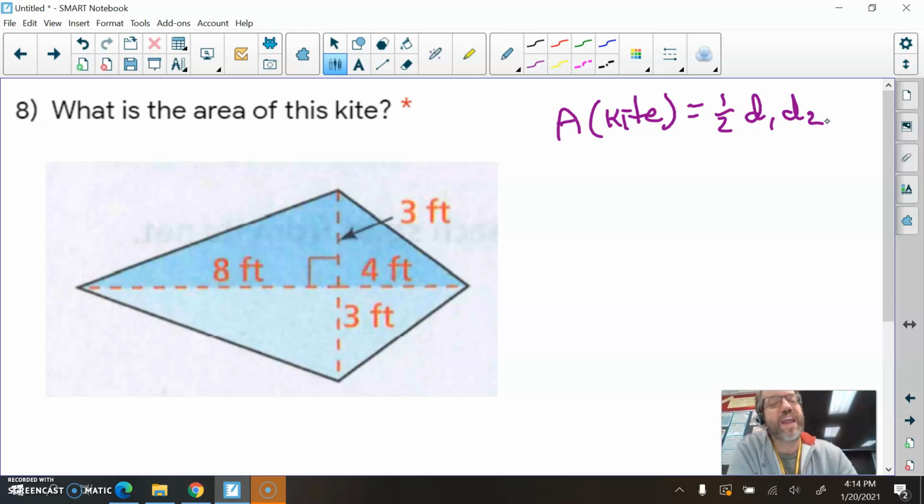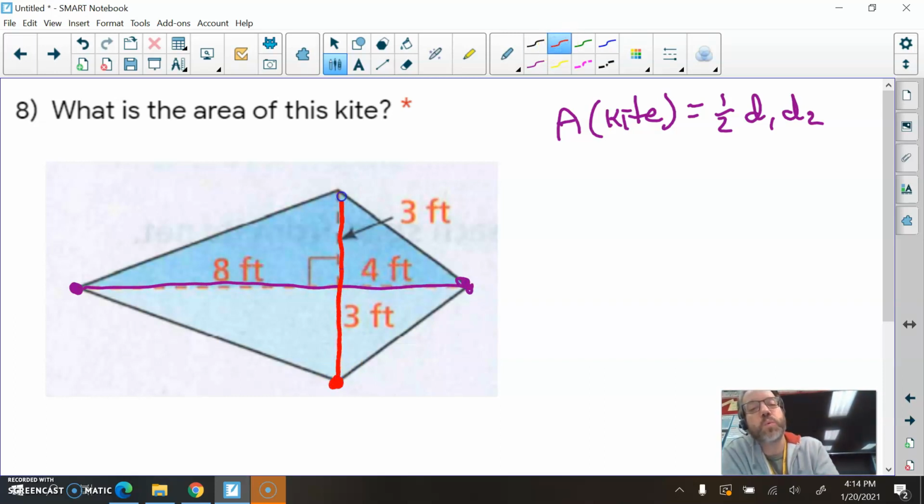D stands for the diagonals in this figure. We have a diagonal that runs from here to here. It's this measurement here. And we have another diagonal that runs, maybe I should switch colors, from here to here. So let's find each of those measurements.